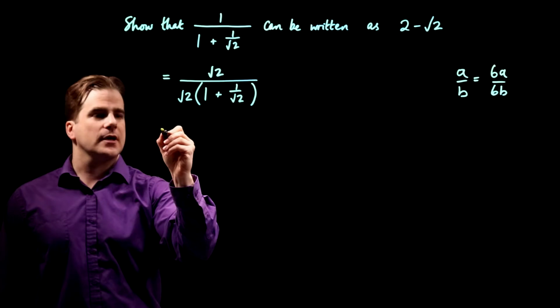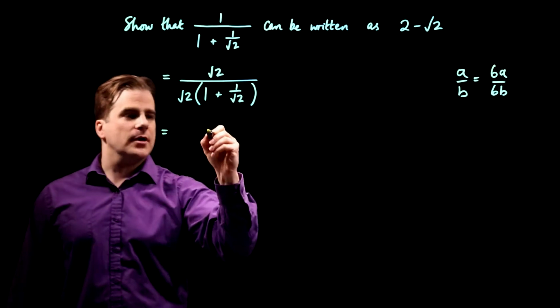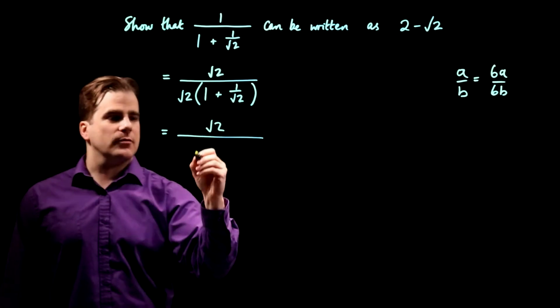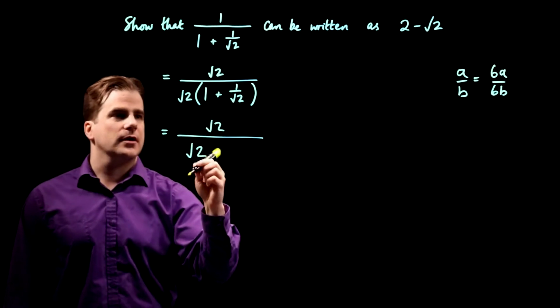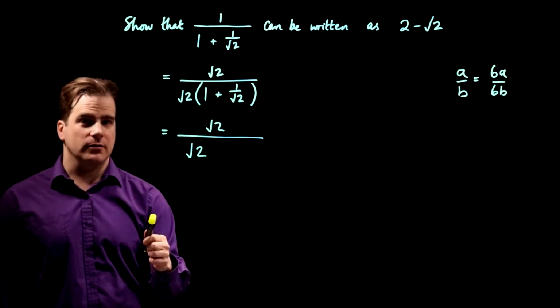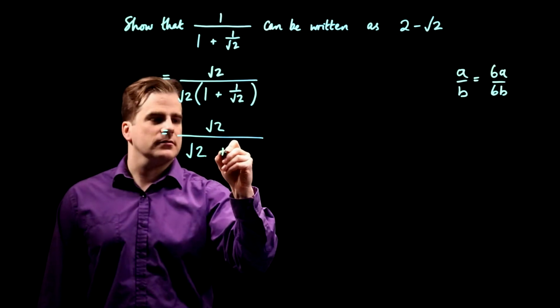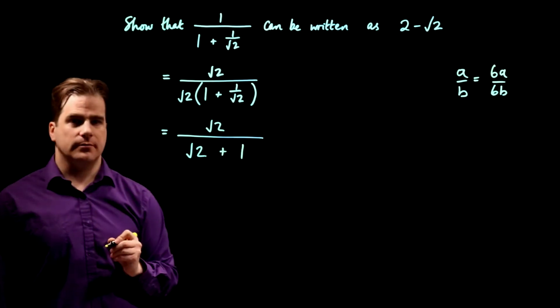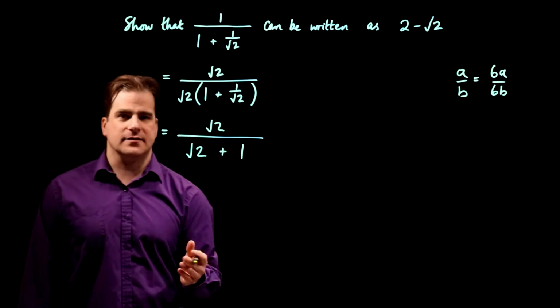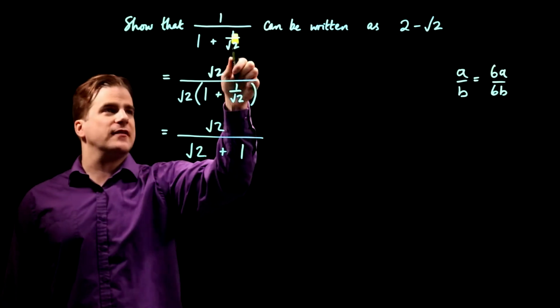So that becomes, well, it's just root 2 on the top. Root 2 times 1 is root 2. Root 2 times 1 over root 2 is root 2 on root 2, which is just 1. Good. So we've gone from there to there, and already it's looking slightly nicer.